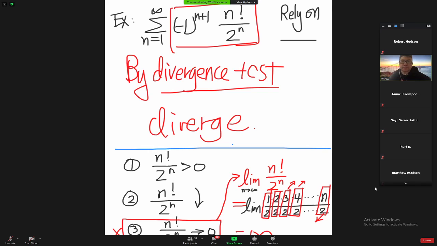Of course, you can say that by the alternating series test it fails, but how do you justify that it fails? The process in the middle is using the divergence test. Is that clear?